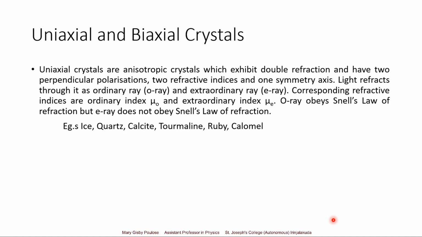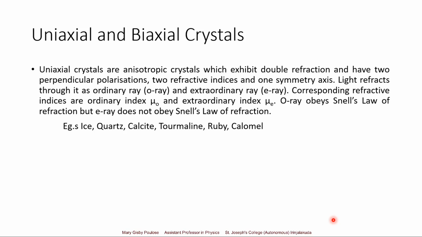One is called the ordinary ray, O ray, and the other is called the extraordinary ray, E ray. The O ray sees the refractive index mu O, that is the ordinary index, and the E ray sees the refractive index mu E, the extraordinary index. The O ray will obey Snell's law of refraction, whereas the E ray does not obey Snell's law of refraction. Okay.